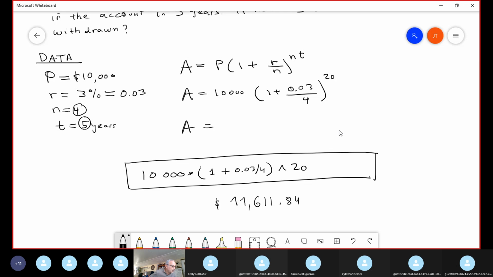This is the future value. This is the money that you have when you deposit $10,000 in one account with this characteristic: 0.03 APR, compounding quarterly during 5 years.